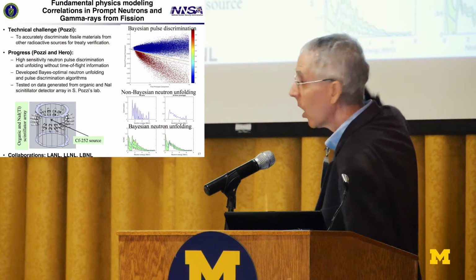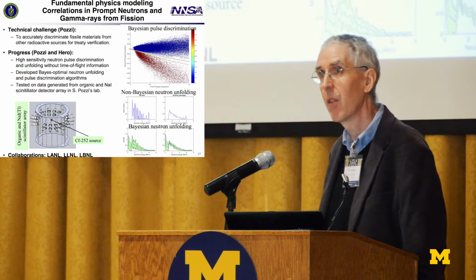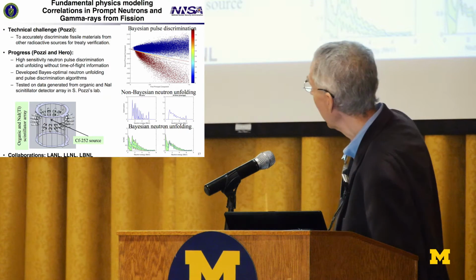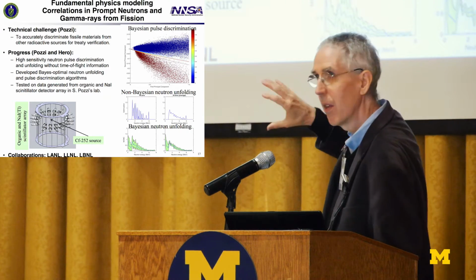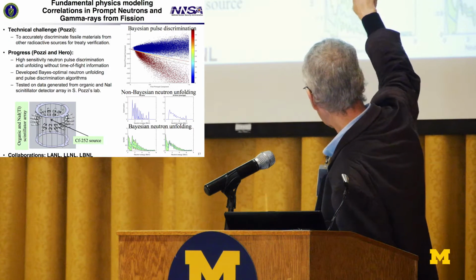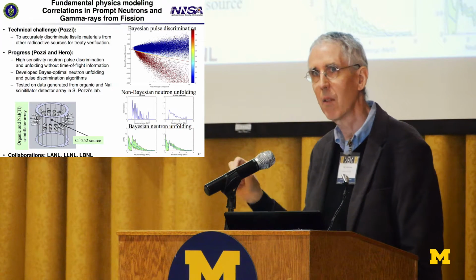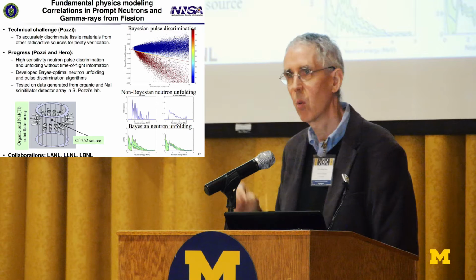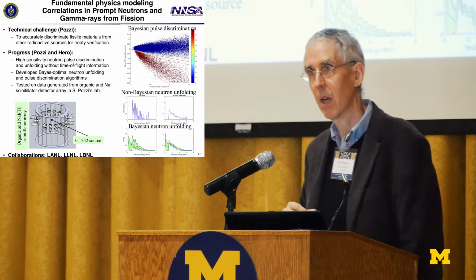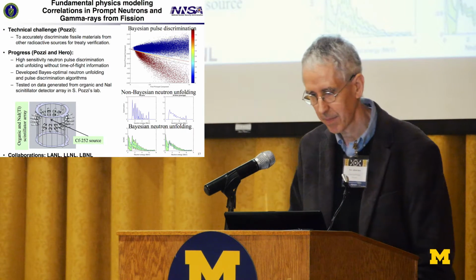And what the colors denote, it's a continuous color scale, is the posterior probability of being a neutron, right? So you can't see it too well from here, but there's actually a color gradation near the threshold line that separates the two types of pulses. So you have a quantitative way with this Bayesian approach to assign a likelihood that a particular pulse has come from a neutron or a gamma photon phenomenon.